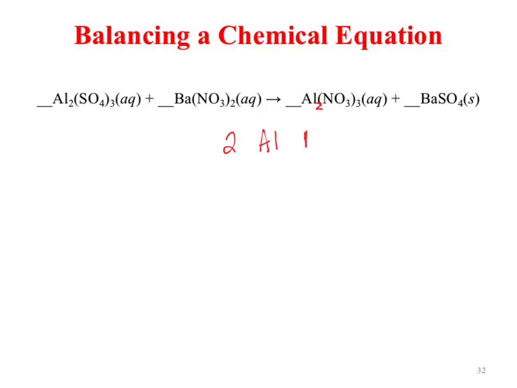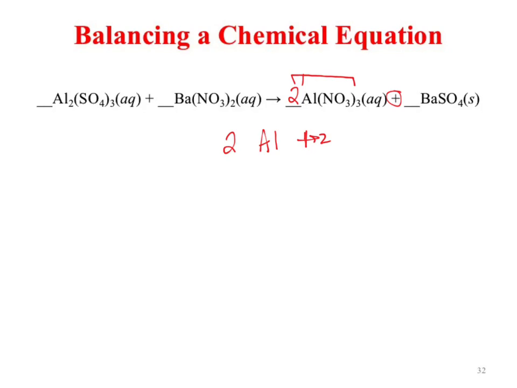The charges must balance as far as you're concerned when we're looking at balancing an equation. So where can I place the 2 that allows me to still get 2 aluminums? I'll put it in front. That 2 will apply to everything after it, up to that mathematical operation. So I now have 2 aluminums on the right-hand side of the equation.